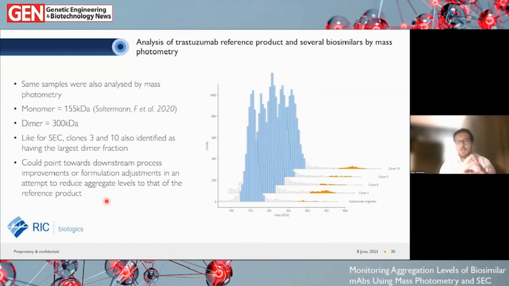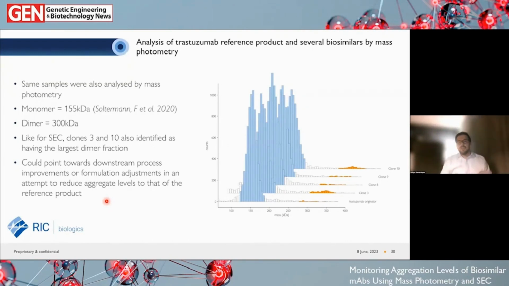One possibility for data like this is that it could point towards needing to optimize or improve the downstream process, or to make some adjustments to the formulation in an attempt to reduce aggregate levels to that of the reference product. Or perhaps, although as I say this was not disclosed because of confidentiality, the decision was that clones 3 and 10 would be discarded.